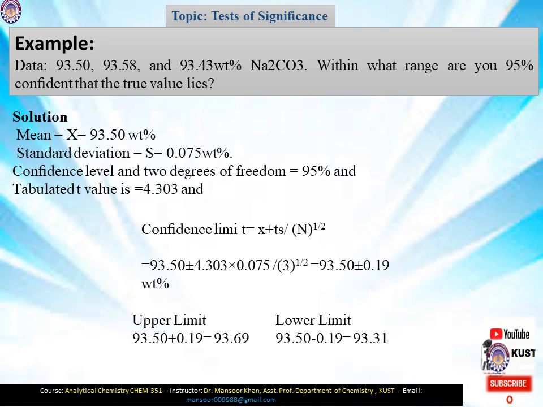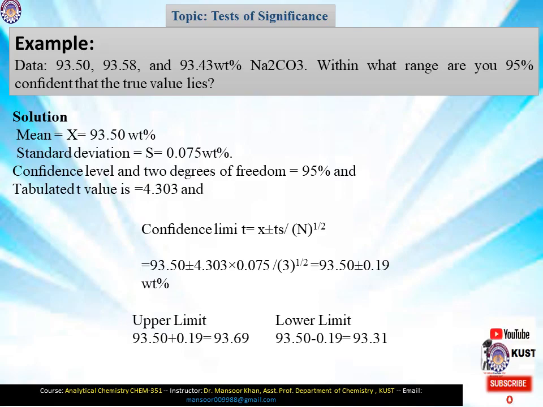So the data consists of 3 readings, because it is a rule in analytical chemistry that each operation can be performed 3 times, and also for calculation of standard deviation and vice versa. The data is 93.50%, 93.58% and 93.43% by weight of sodium carbonate present in that particular commercial washing soda.